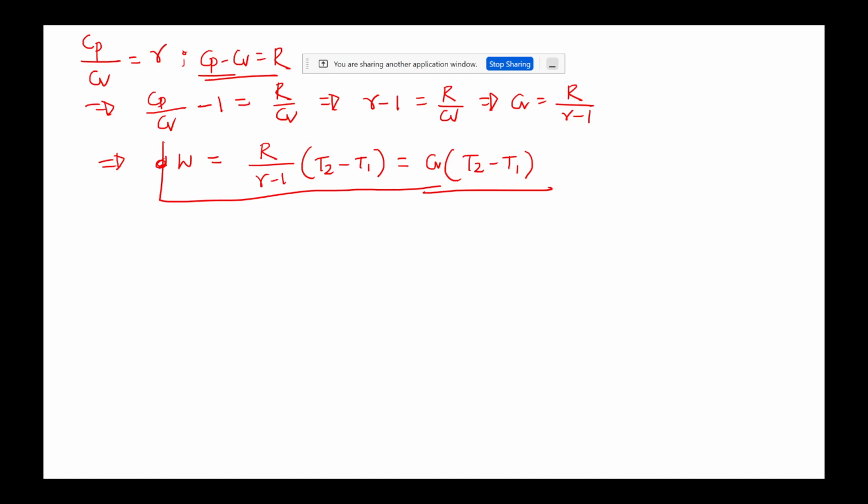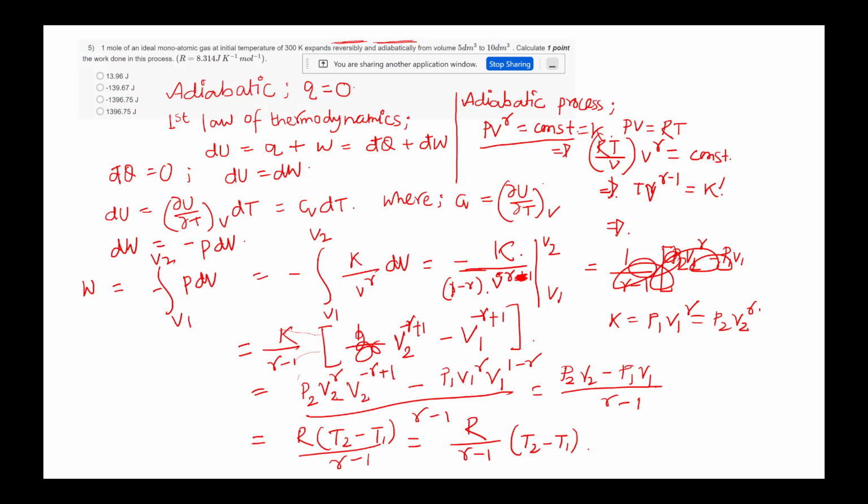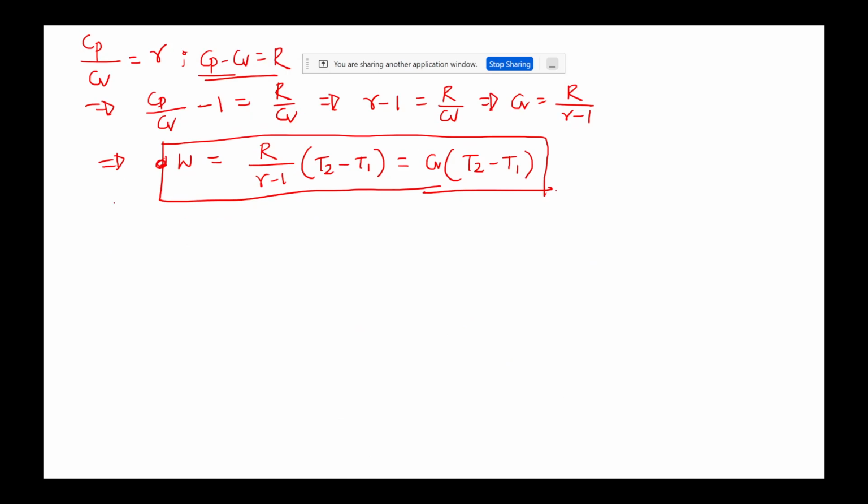So where this Cv will be there, you can use it. Now in our problem, there is an ideal monoatomic gas. So for a monoatomic gas, gamma is 5 by 3.